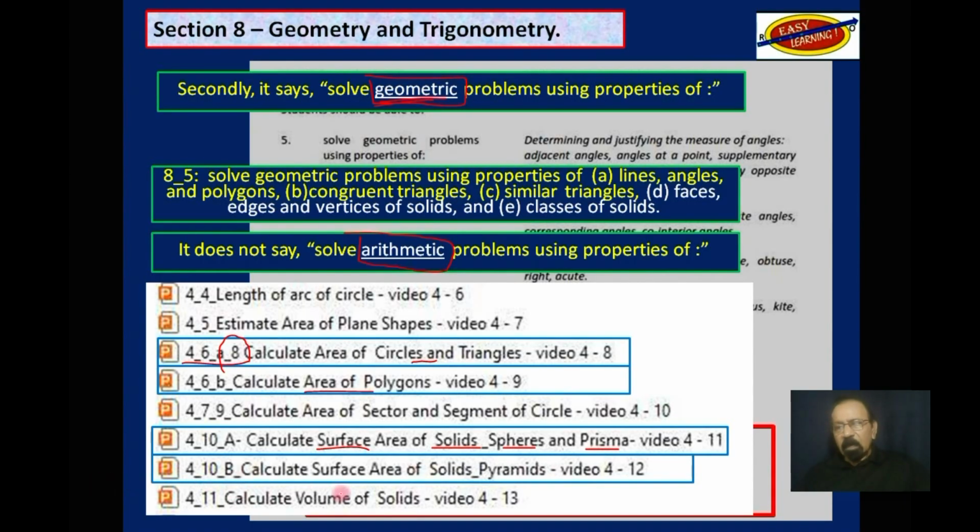And then the next video calculates surface area of solids such as pyramids and so on. That was video 12 in section 4. We also calculate volume of solids, video 13 in section 4. So we have done a lot of arithmetic work on faces, edges, and vertices of solids. We have also talked about classes of solids before. Arithmetic problem. So I wouldn't do those over again in this section.